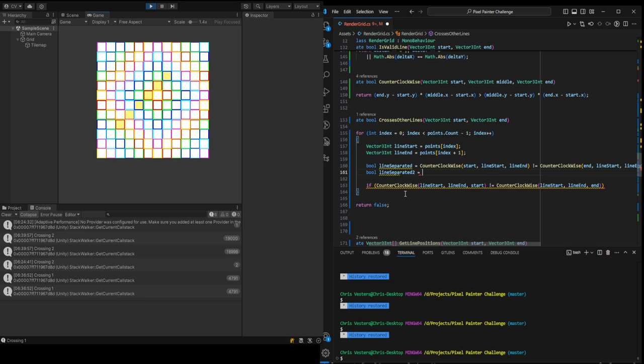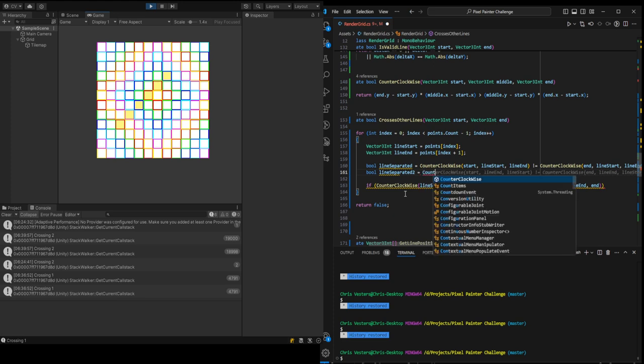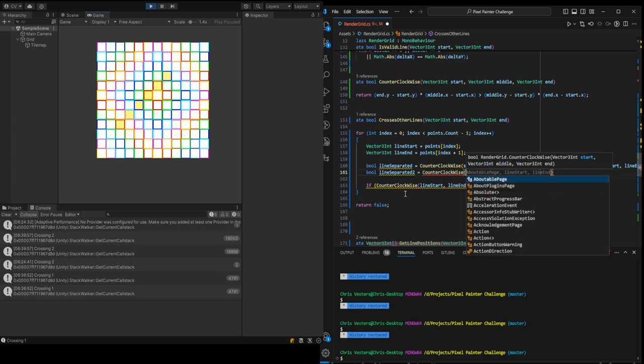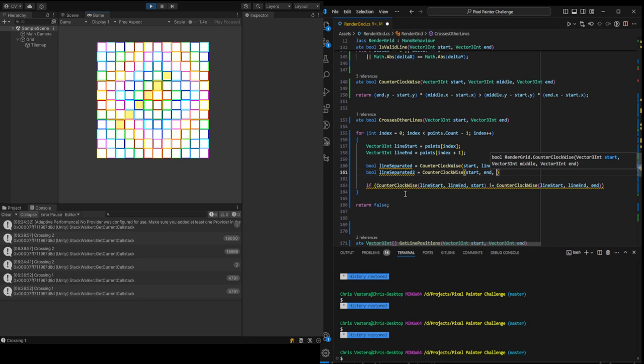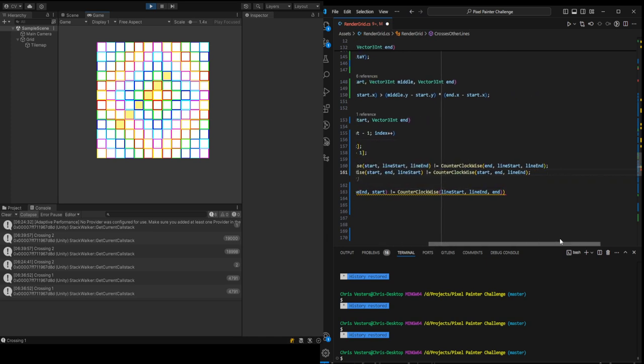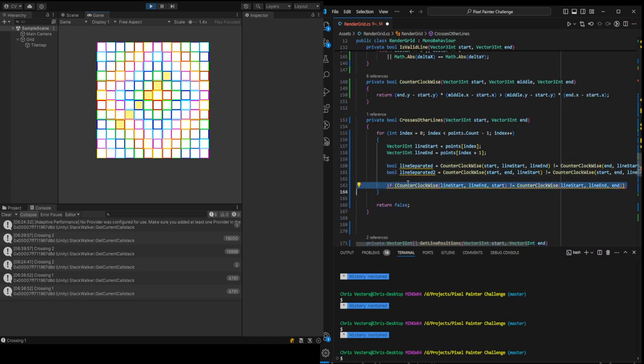There it is counterclockwise, and then it's not, and it's A, B, C. So there it's start, end, line start, and different from counterclockwise start, end, line end. So you can see the nuances.